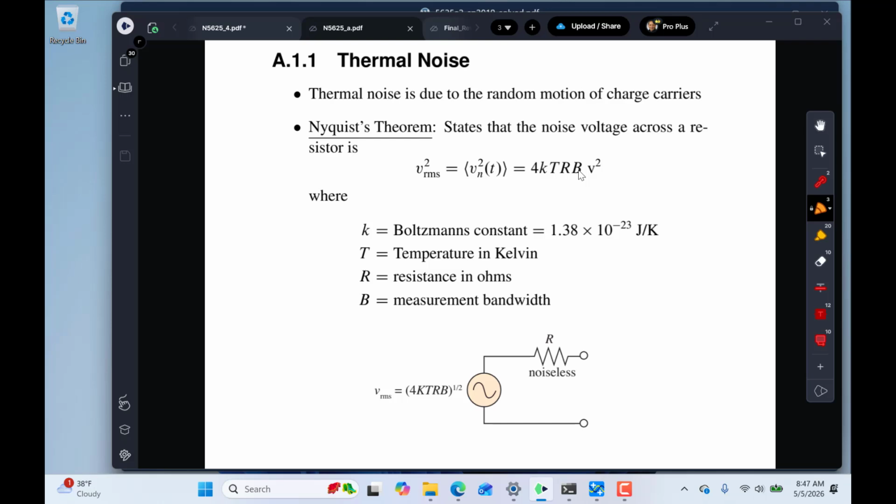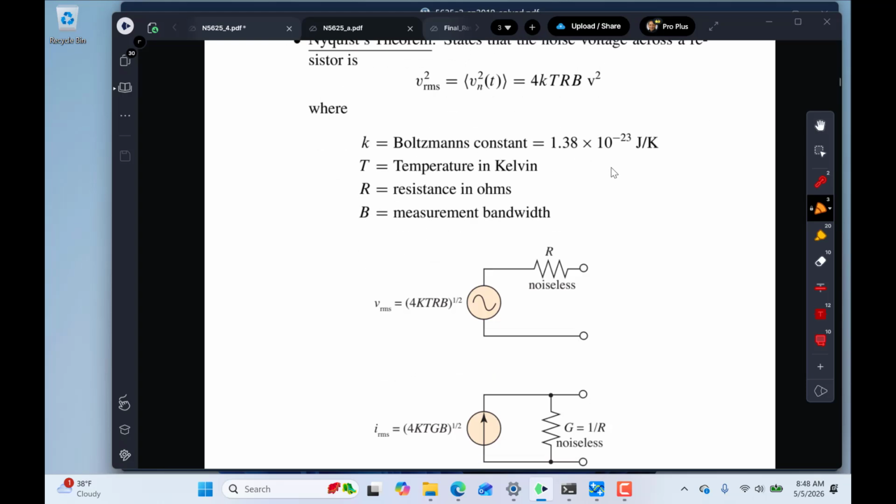I don't know if you observed those in the lab. As you change the resolution bandwidth, the noise floor went up and down, right? It's because we're basically adding in a band limiting operation when we zoom in, and so we see less noise present at the receiver input because we're effectively changing B.